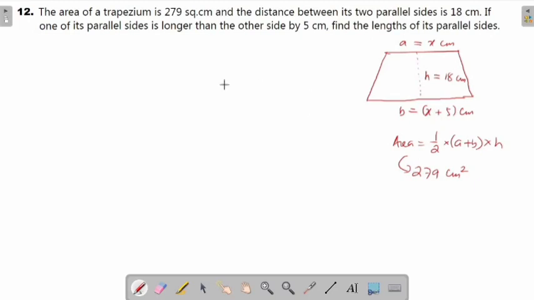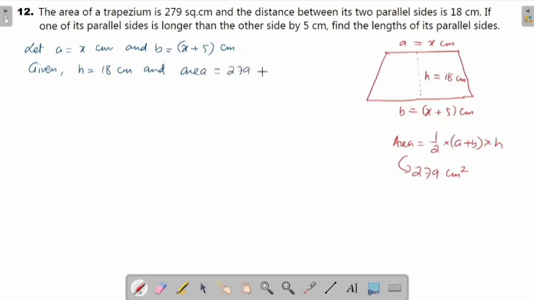Is that clear? So let A equal x centimeter and B equal x plus 5 centimeter. Now H, the distance between A and B, is given to be 18 centimeter, and the area is given to be 279 centimeters square.